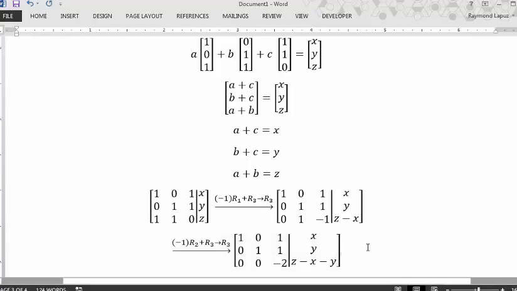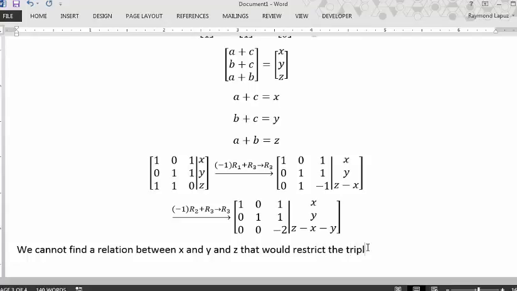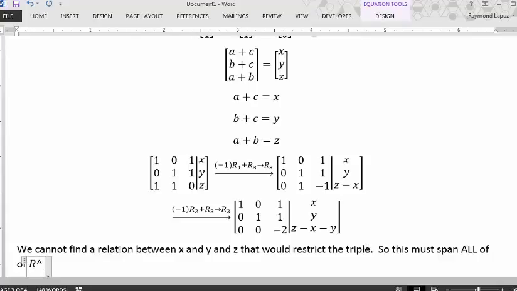So remember, the key here is that we cannot find a relation between x and y and z that would restrict the three variables. And so this must span all of R3.